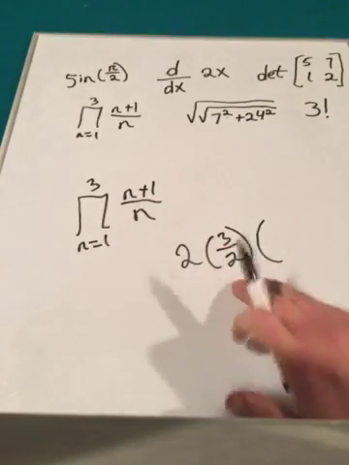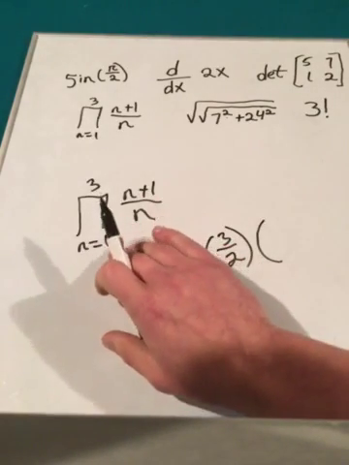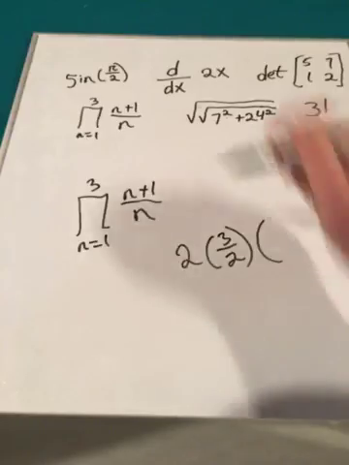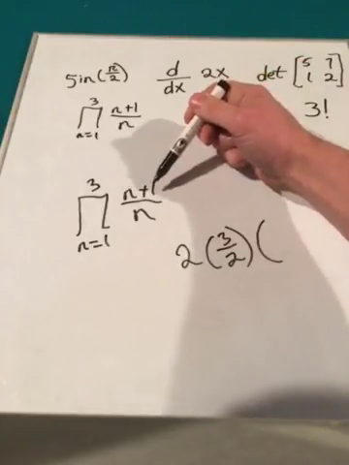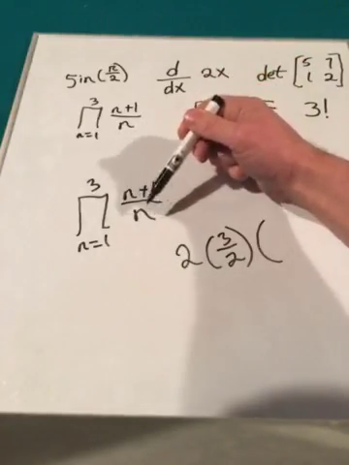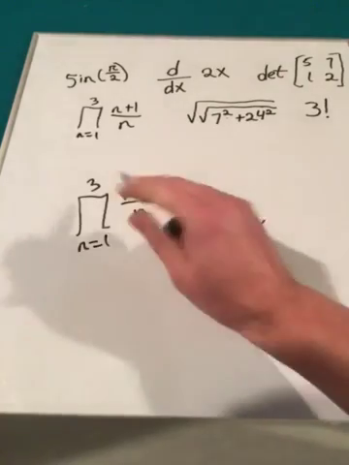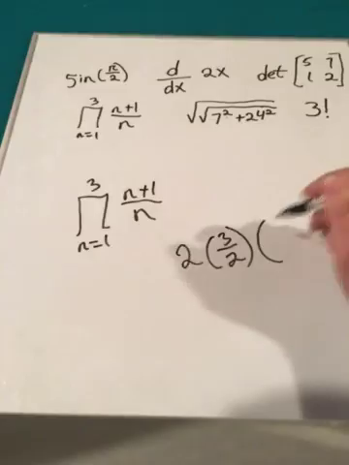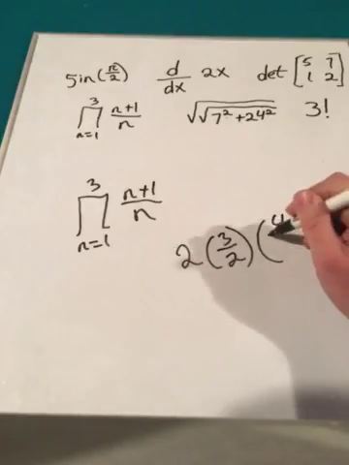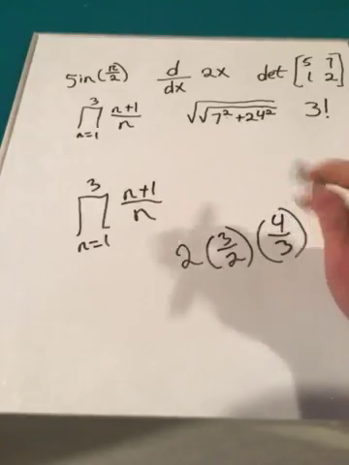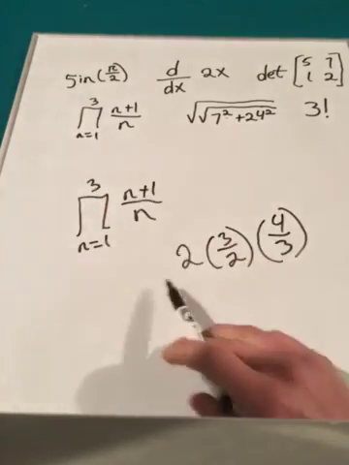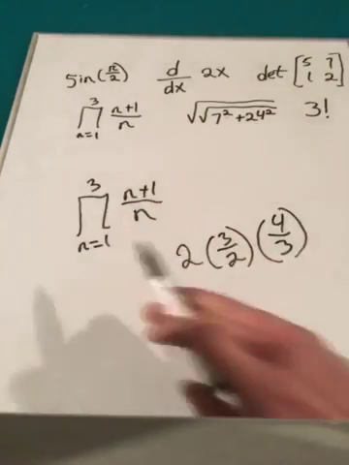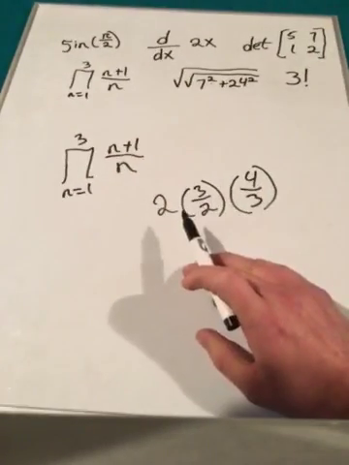So every time we multiply, what do you get when you plug in 3? Well, 3 plus 1, that's 4 over 3. There are two n's, so wherever you see an n, you plug in 3. So we've got 3 plus 1 is 4 over 3, and then we stop, right? n equals 1 to 3. What's this product?